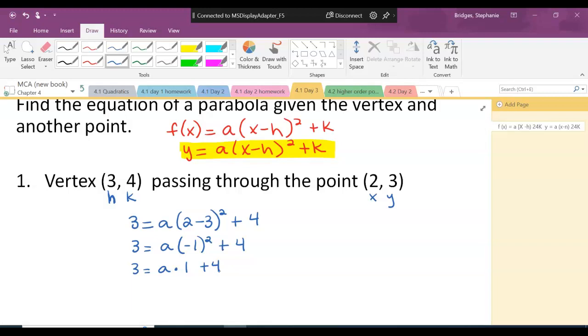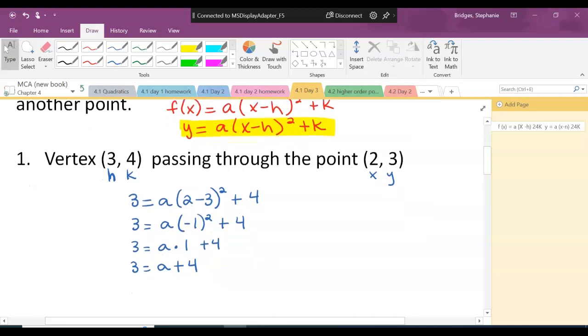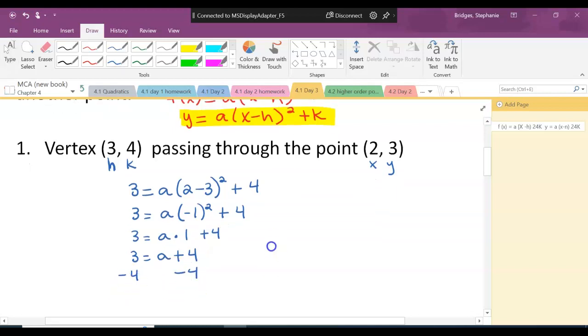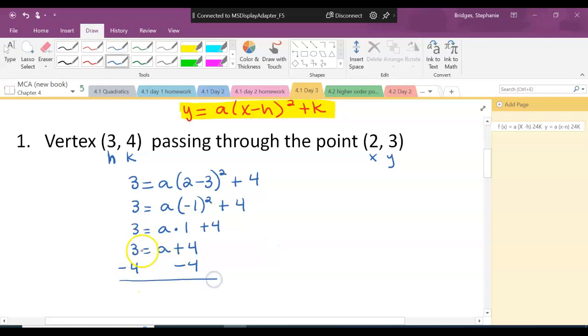Then I do my multiplication, which the only multiplication I have is a times 1, which is just a. And then how would I solve that for a? I'm going to subtract the 4 over. 3 minus 4 is negative 1, is equal to a.